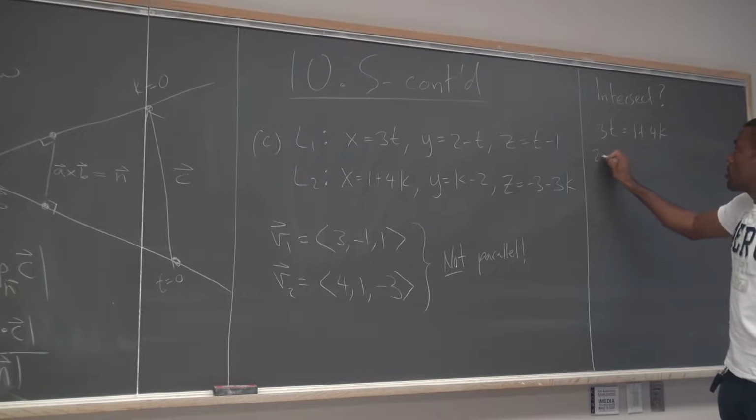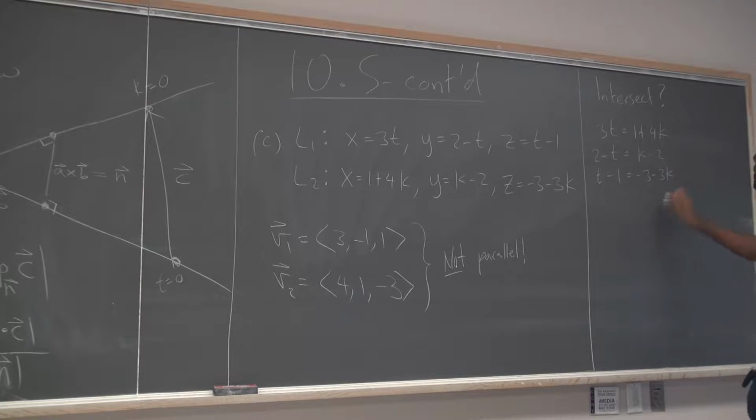We also need 2 minus t to be equal to k minus 2. We also need t minus 1 to be equal to minus 3 minus 3k. So I have a system of 3 equations and 2 unknowns. And remember the trick we did: you just solve for 2 of them and check whether or not it works in the third, and that will give you the answer.